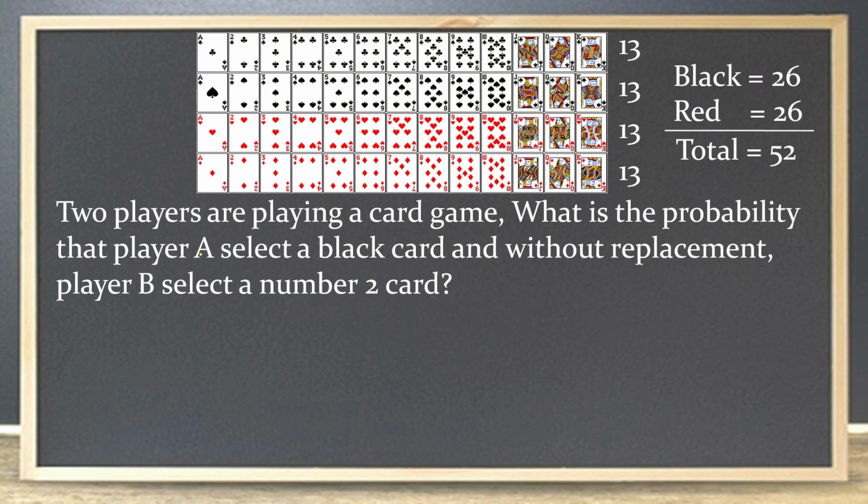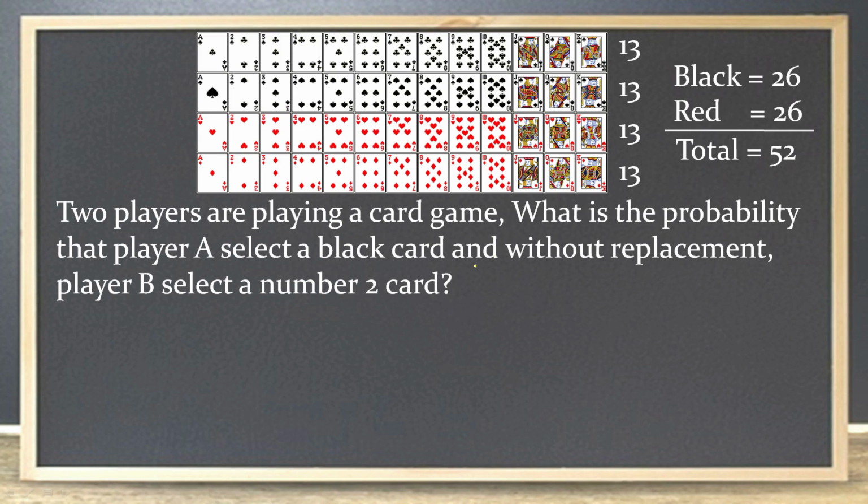When player A selects one of the cards from this deck, the total outcome will be affected for player B's selection. Because we have 52 cards originally and player A will select one of them. Then when player B is about to select, it is no longer 52, but will become now 51. So the total outcome will be reduced by 1. So these are dependent events.